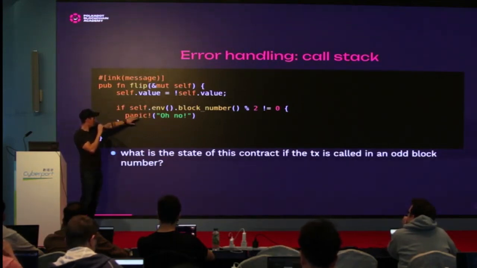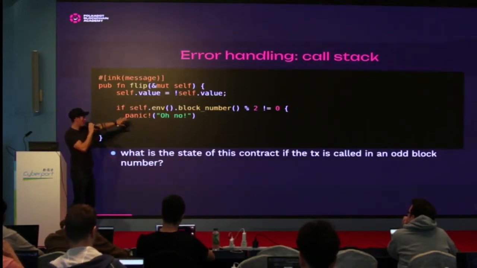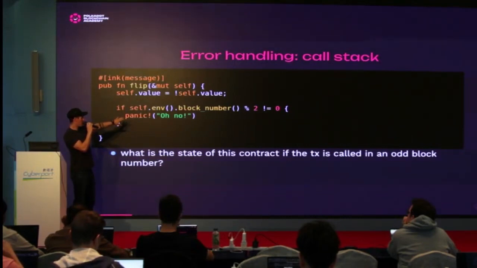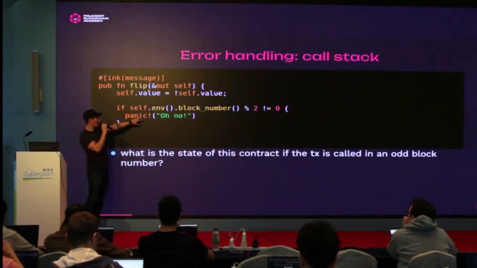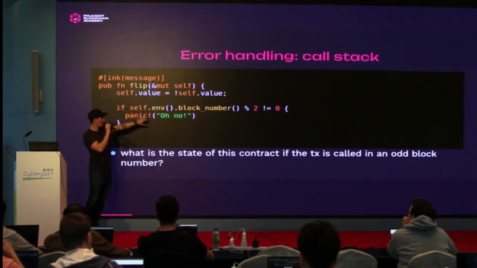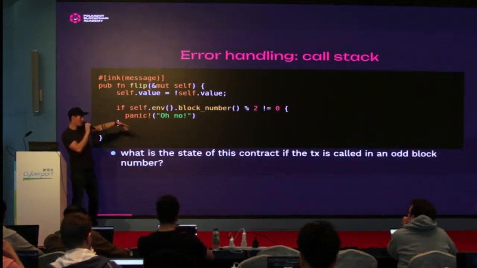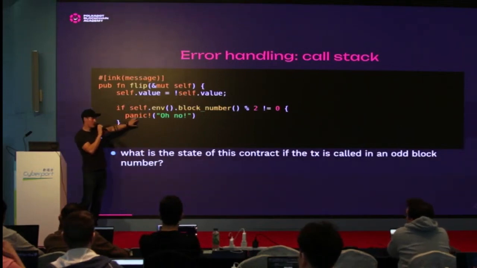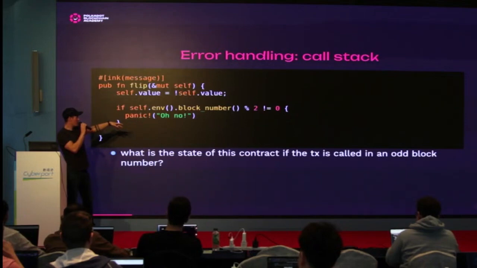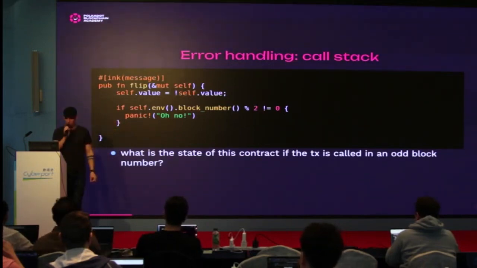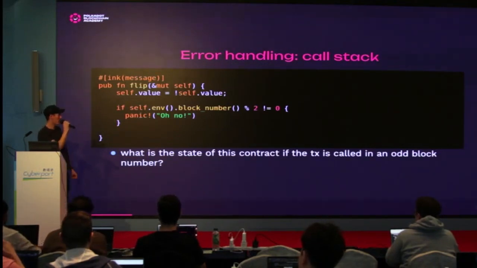Panicking, as a side note for the call stack, is the same as unwinding, while an error variant of the result just tells you what actually went wrong. A panic will revert the call stack, and a result will give you a human readable error code.